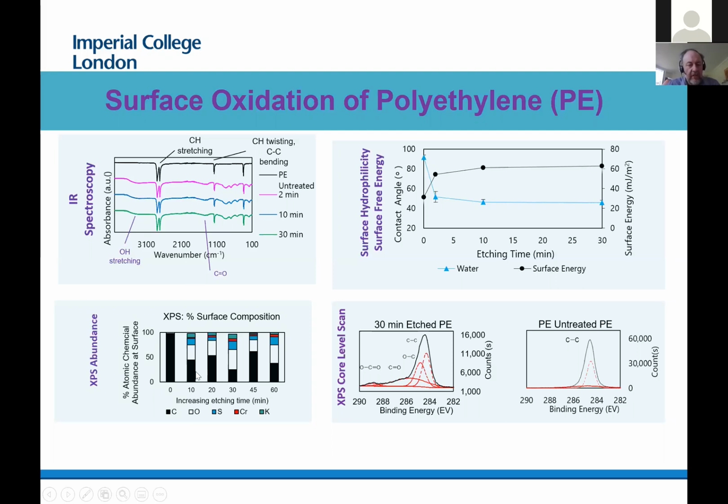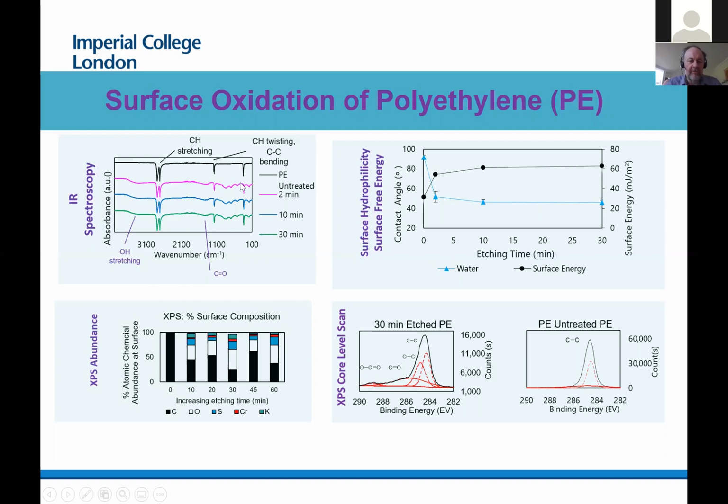But as we increase the etching time, we can see substantial amounts of oxygen. Oxygen is shown by the white bar. So we have a lot of oxygen on the surface now, and some other trace molecules as well. This indicates that we have also confirmed the presence of oxygen.